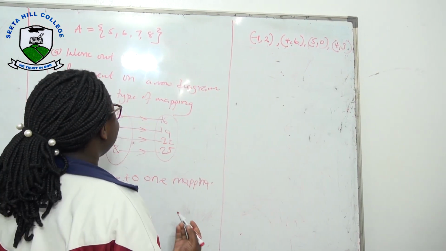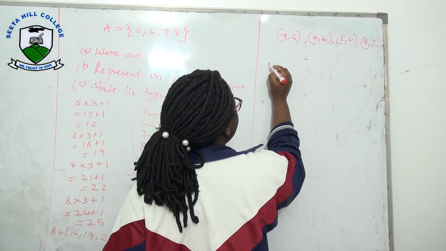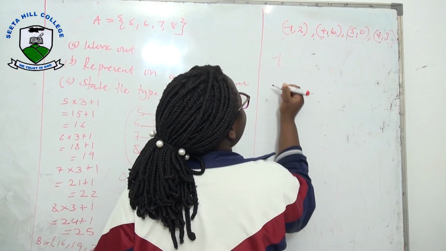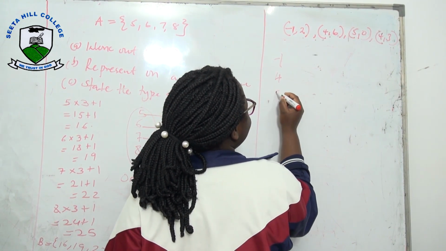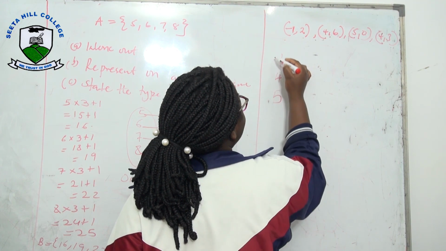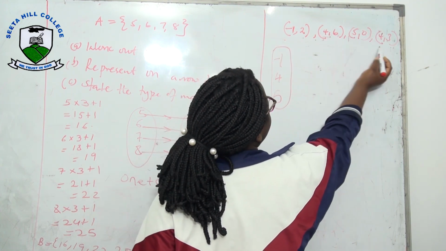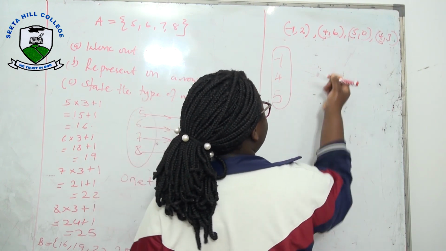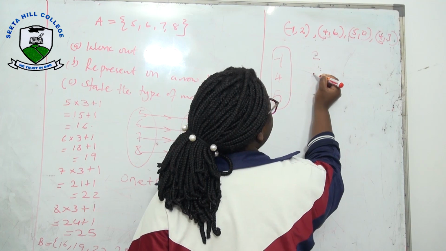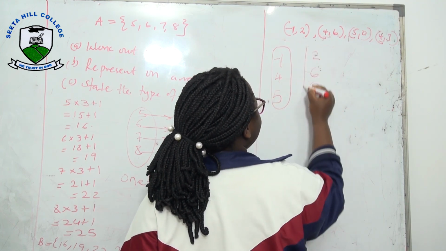Okay, representing it on the arrow diagram, we have -1 on the domain. Then we have 4. We have 5. Since we already have this 4, we shall not indicate this other 4. And then on the range we have 2, we have 6, we have 0, and then 3.